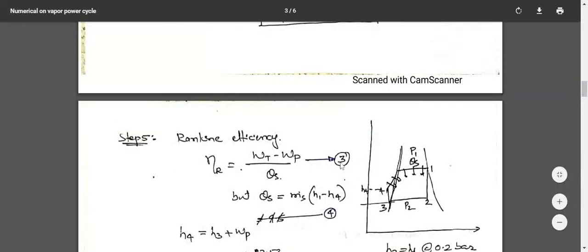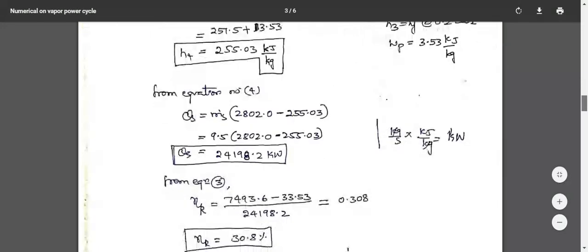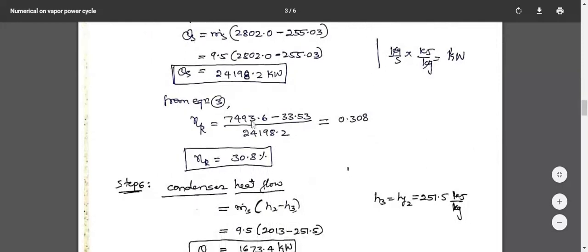So from equation number 3, that is the Rankine cycle efficiency, equal to work done by the turbine minus work done on the pump, divided by heat supplied, you will get 0.308. In terms of percentage, it is 30.8.